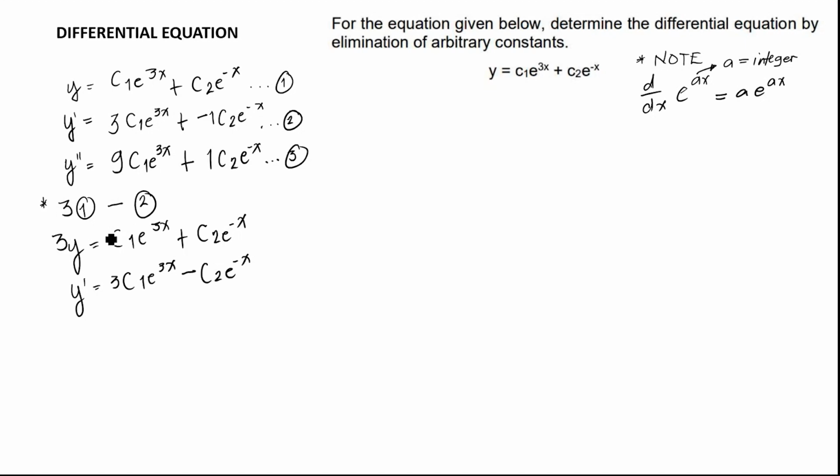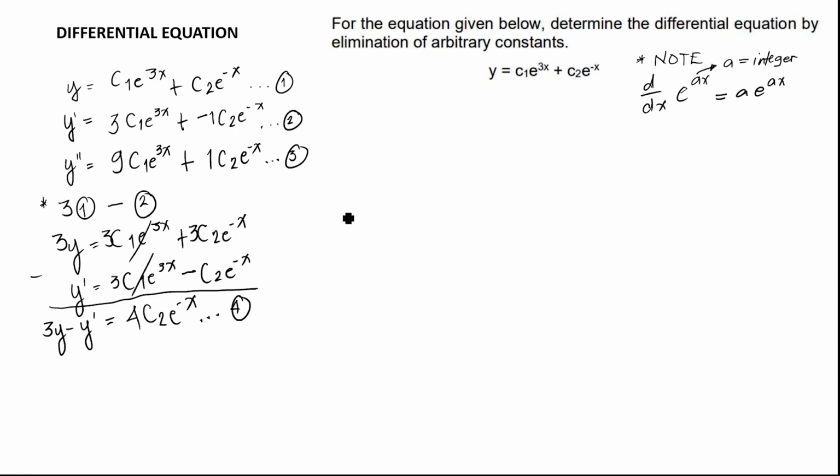So this is 3y, this is 3c1, and then this is 3c2 e raised to negative x. And then let's subtract 3y minus y prime. 3c1 e raised to 3x minus 3c1 e raised to 3x will cancel out. 3c2 e raised to negative x minus the negative of c2 e raised to negative x will become positive. So we have 4c2 e raised to negative x, and we will call it equation number 4.